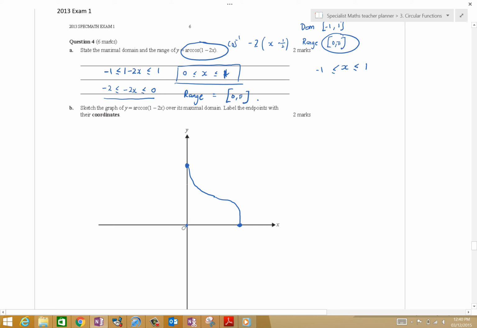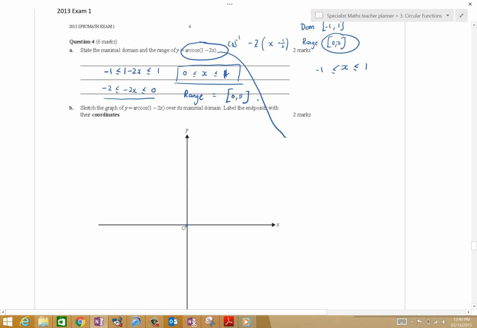Yes, no, maybe? No, I don't think so. Because what have we got to do? Don't we have to reflect in the x-axis? Y-axis, x-axis? Is there a reflection? No, there's not.